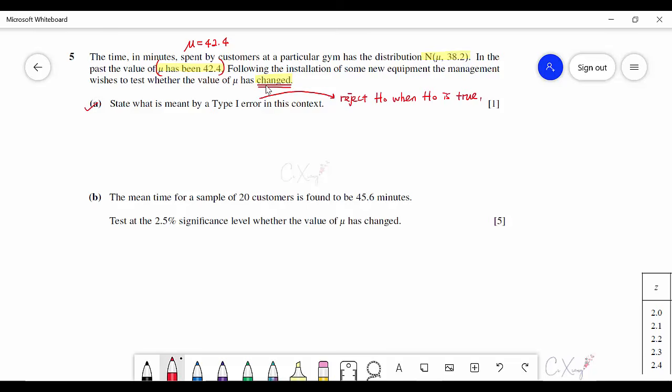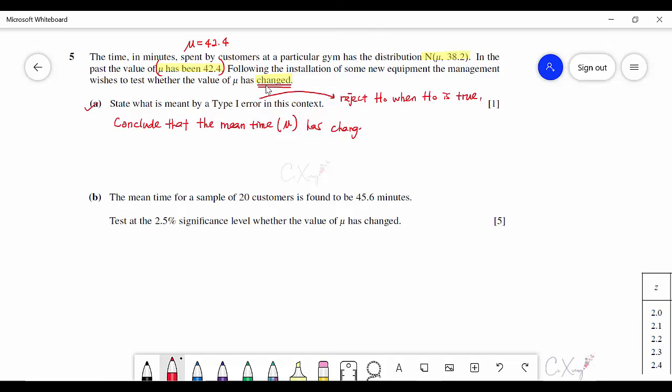So we reject the null hypothesis, which means that we conclude that the mu, or the mean time, has changed, because we reject the null hypothesis.